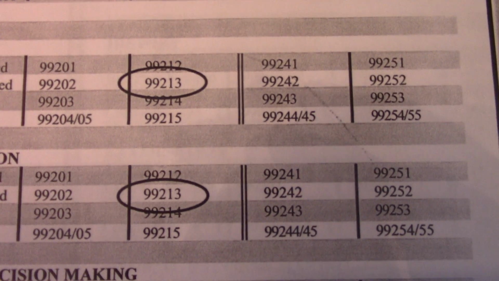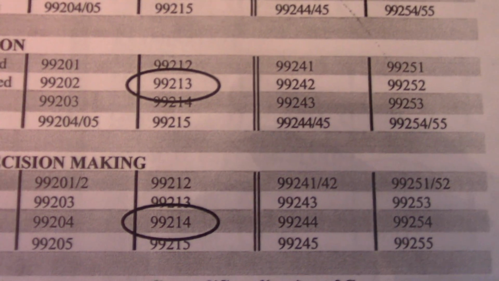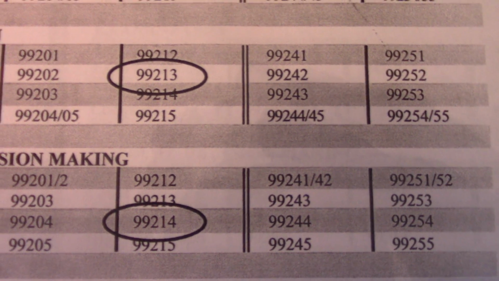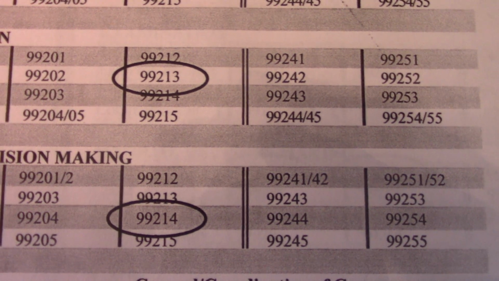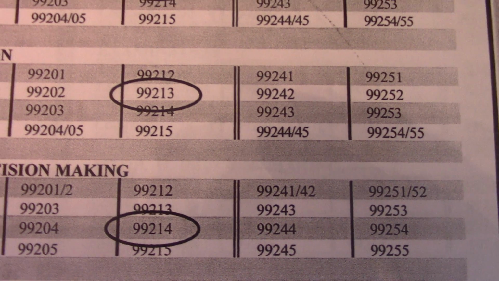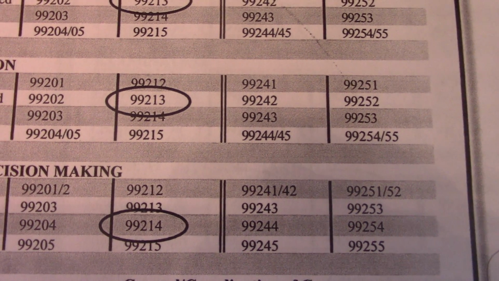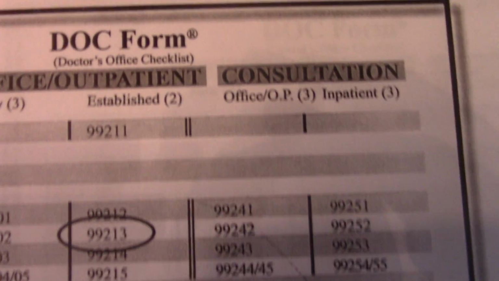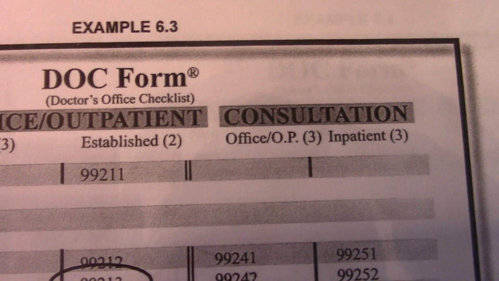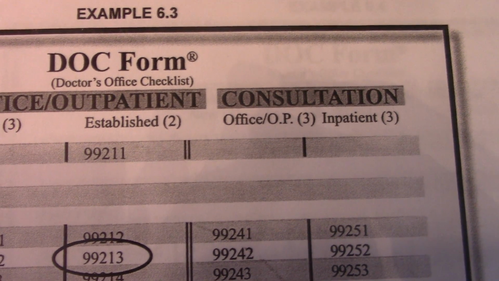So we went with 99213, 99213, and 99214 because it was a higher level medical decision making, moderate complexity. Okay, so we see all that. So as you can see, this established patient must meet what? 2 out of the 3 key components, right?